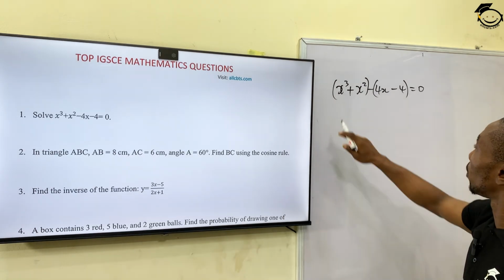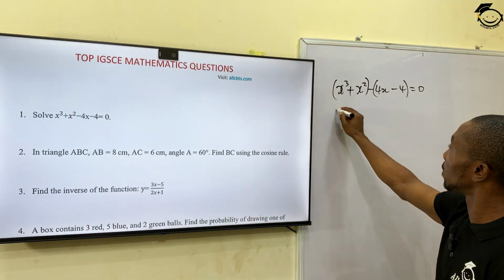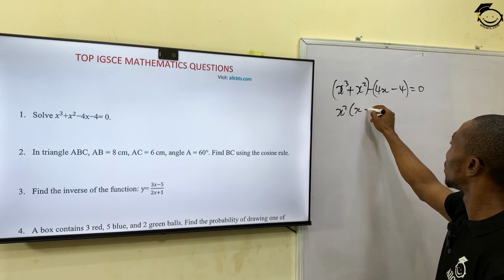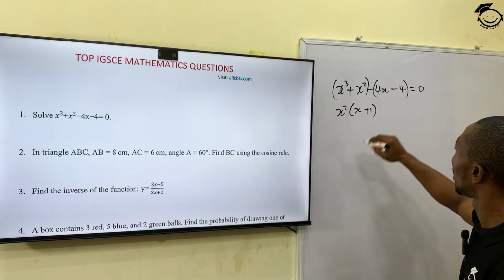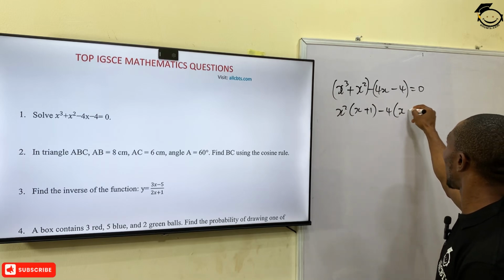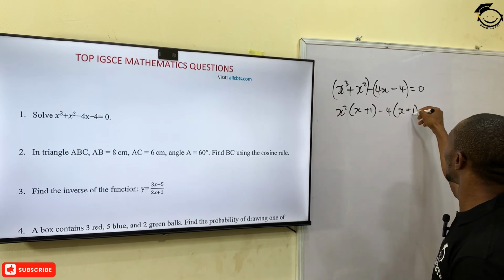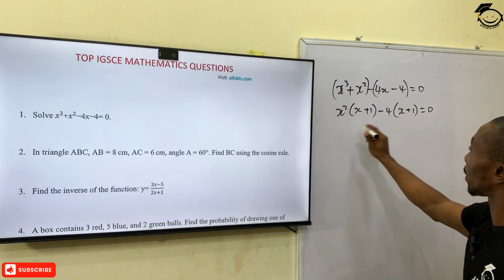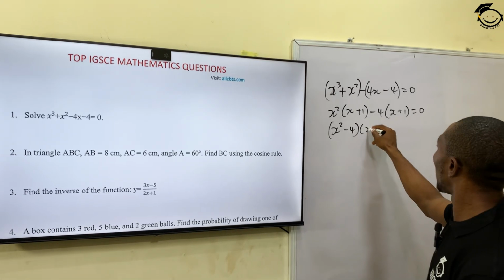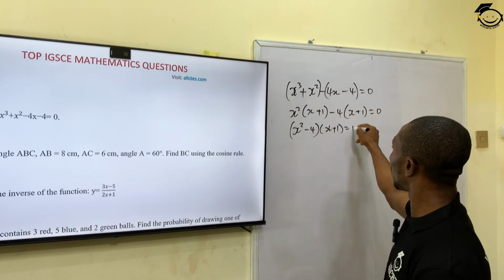All right, grouping this, what's common here is x squared bracket x plus 1. And from here, we have minus 4 bracket x plus 1 equals 0. So here we can do this as x squared minus 4 and x plus 1 equals 0.